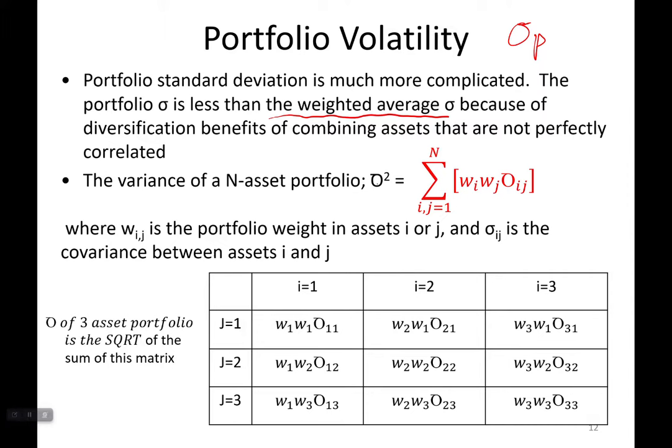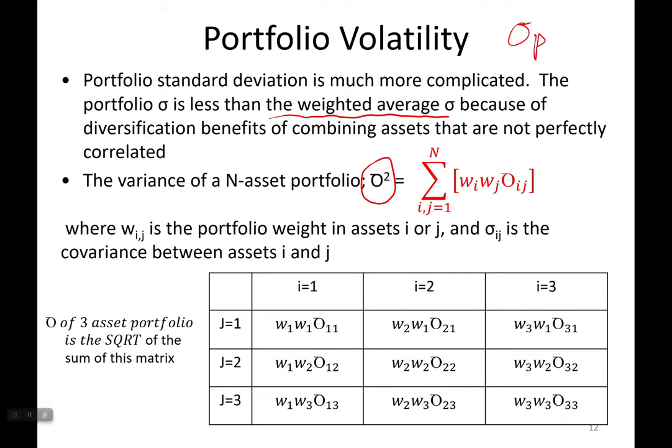And here's the formula for portfolio variance. I want to warn you, when I say portfolio volatility, I mean portfolio standard deviation. In finance, we use the words standard deviation and volatility to mean the same thing. So this is portfolio variance, sigma squared.